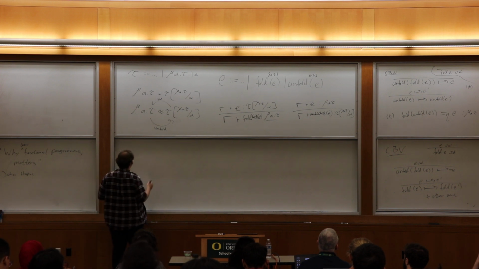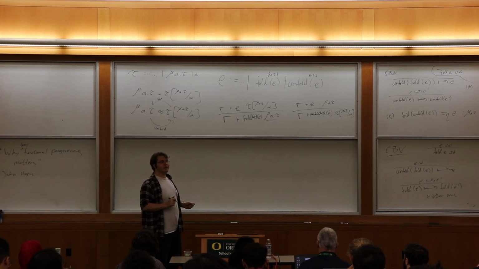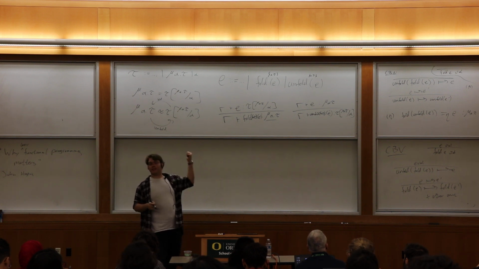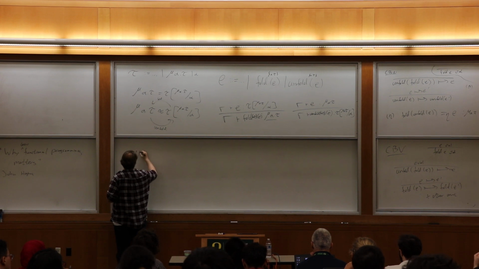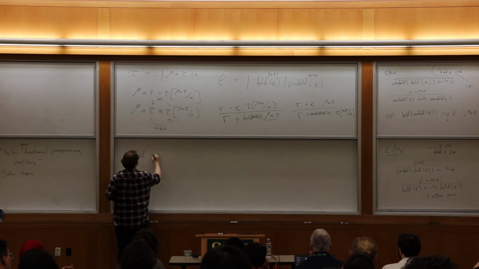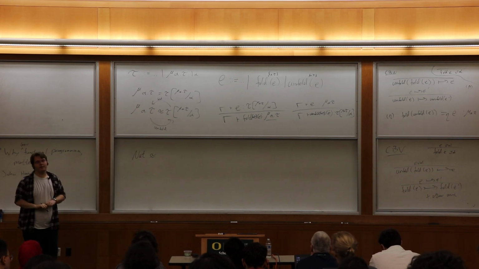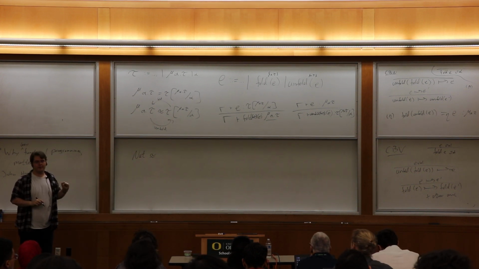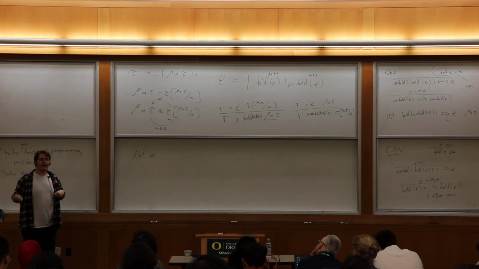So let's look at how you recover some specific recursive types from this very general one. So what about nats? Nat was, from before, a type with two cases. I either had 0 or successor of another nat.